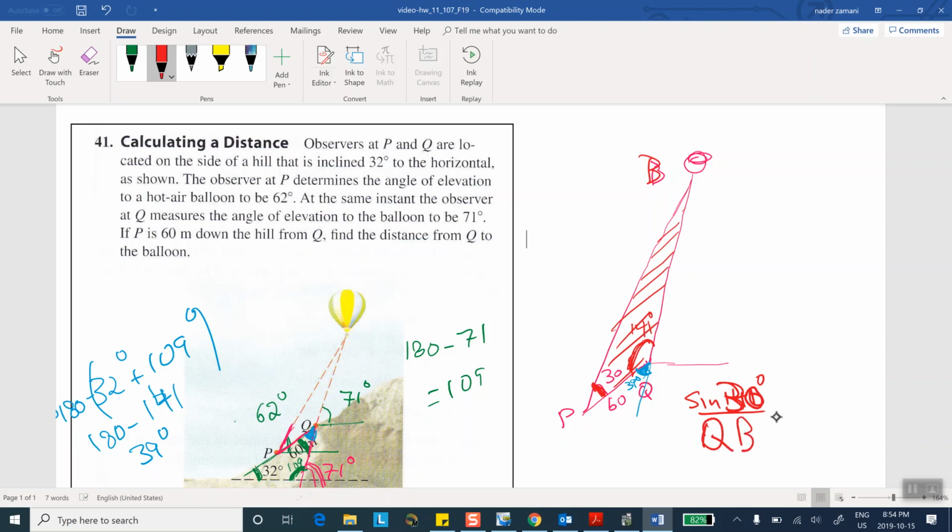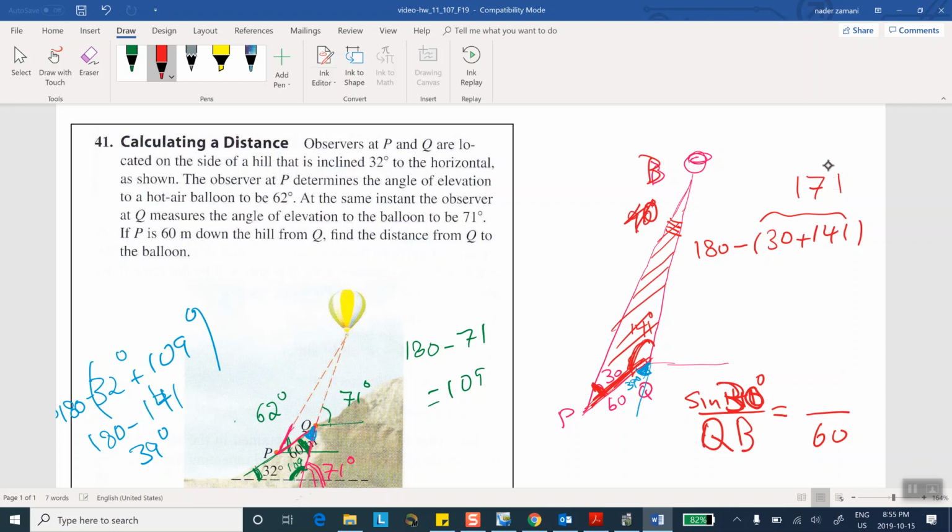Equal to. Now, what other thing do we have? The length of this edge PQ, so we're going to put the 60 at the bottom, with the angle that's facing it. That angle is 180 minus (30 plus 141), which is 180 minus 171, so this angle is 9 degrees, not 90.